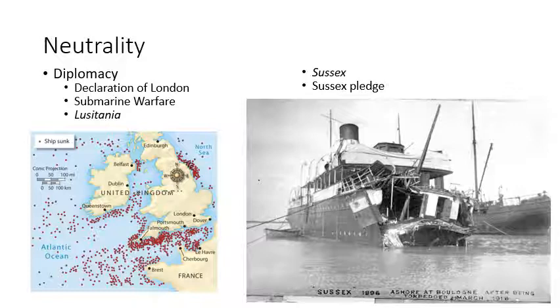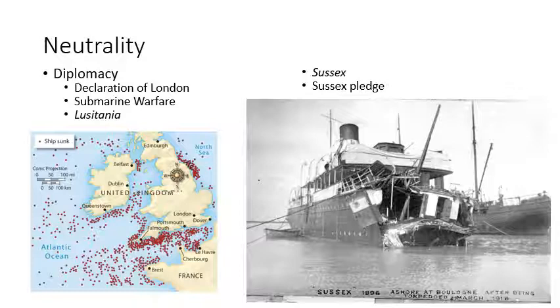So we're going to see arguments climax, and then in April of 1916, Germany has a submarine that torpedoes a French ship, the Sussex, which you can see pictured here, and this injures 4 Americans.